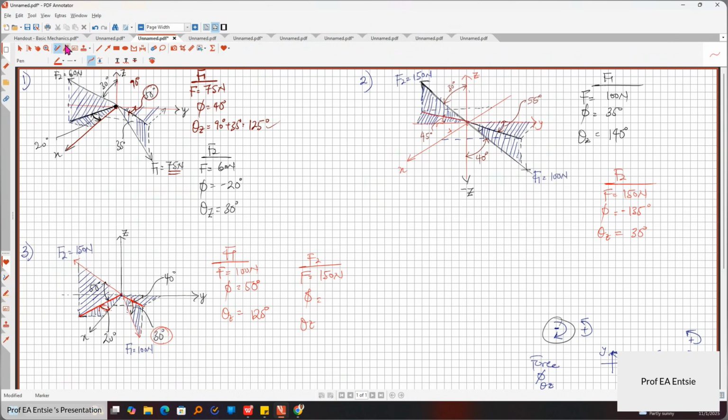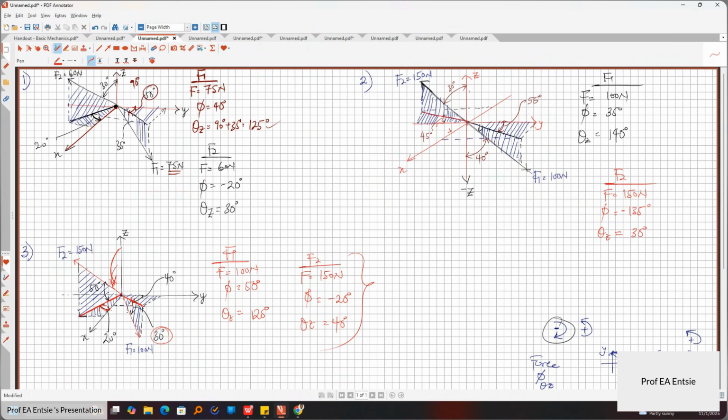So phi is negative 20. Then theta z from the top to the force. We know that from z to the base is 90, and they've given us from the base to the force 50. So the rest will be 40 degrees. So ladies and gentlemen, this is how we find the various parameters.